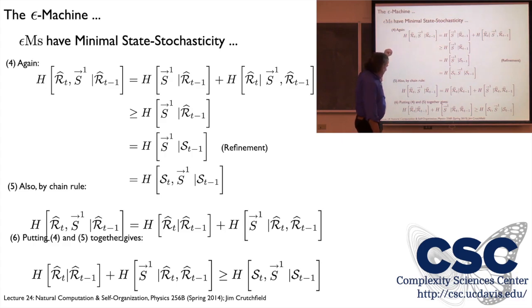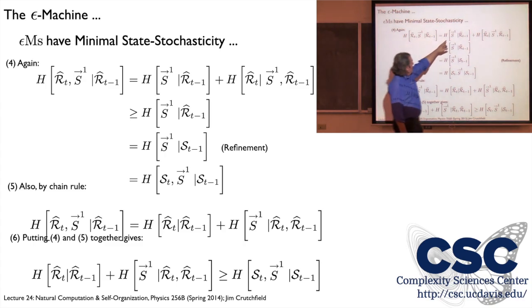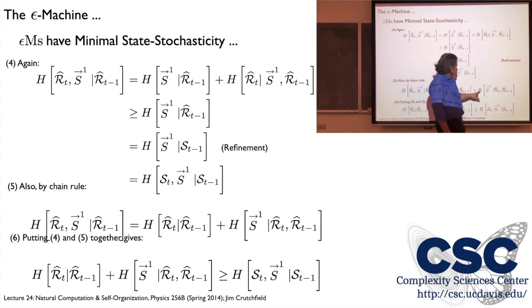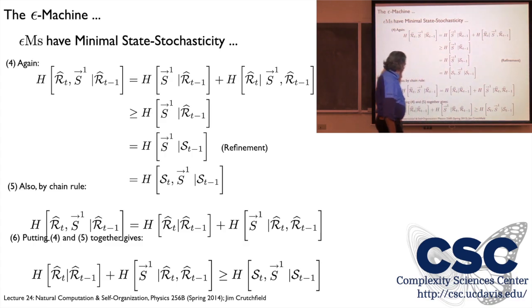Now we can also expand this joint conditional uncertainty in a different, complementary way, where I don't bring out the first symbol here, but I pull out the uncertainty in the next state given the previous state. Then I have the uncertainty in the next symbol given previous state and next state, two edges, and this is the symbol on the edge.